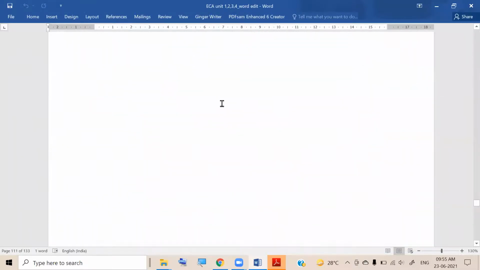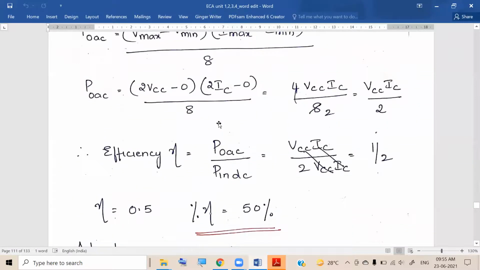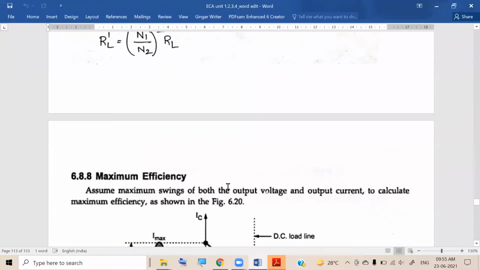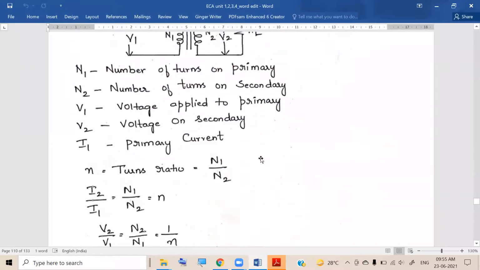So the efficiency that we actually now derived, 50%, is the maximum efficiency of this particular amplifier. The maximum efficiency of transformer coupled class A amplifier is 50%.